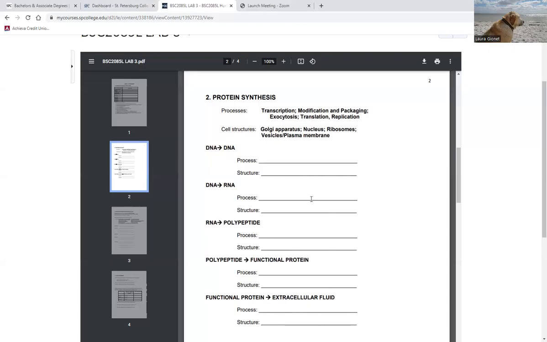All right, the RNA can leave the nucleus, and now it goes out into the cytosol, where we find ribosomes. So now that the RNA is out there, what organelle is going to produce that long amino acid assembled chain, like a polypeptide? That process is called translation, and the structure is the ribosomes. As we said, ribosomes function in amino acid assembly.